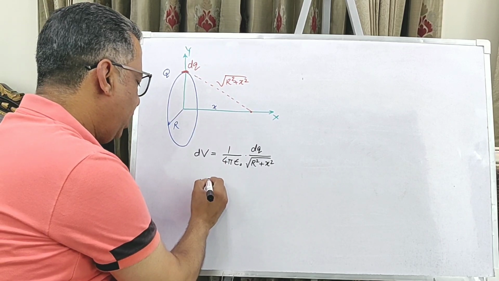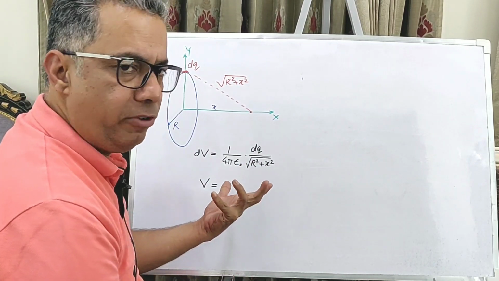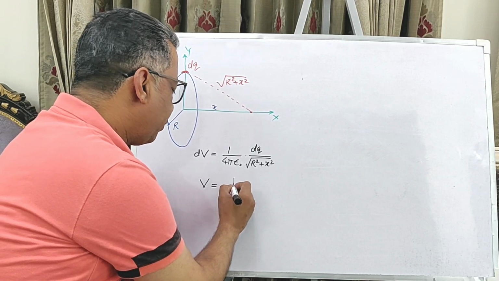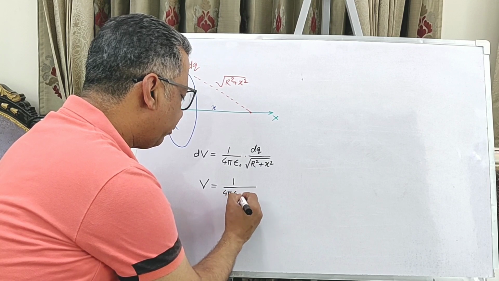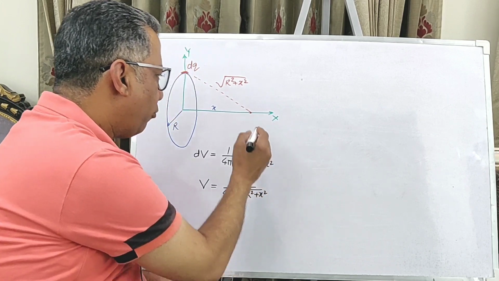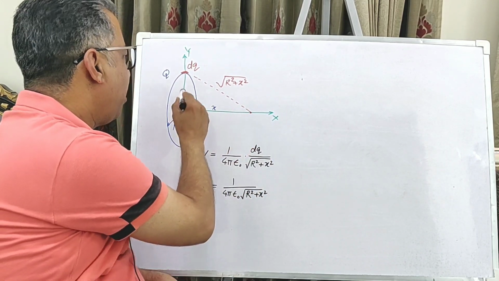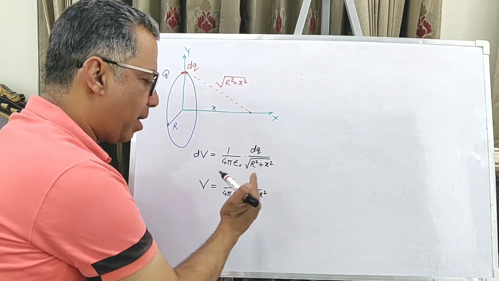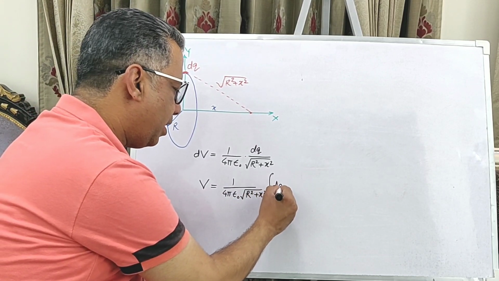Now the potential v due to the entire ring. Since potential is a scalar, we just need to do a simple summation, and therefore all this constant stuff comes out. For all the points on the ring, x doesn't change, r doesn't change, so r and x are also constants, therefore they come out of the integral, and then we do a summation of dq.